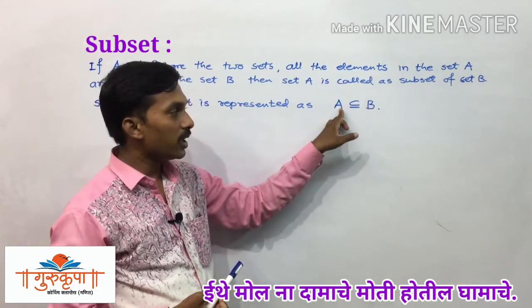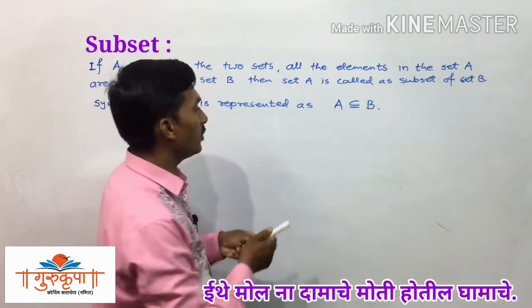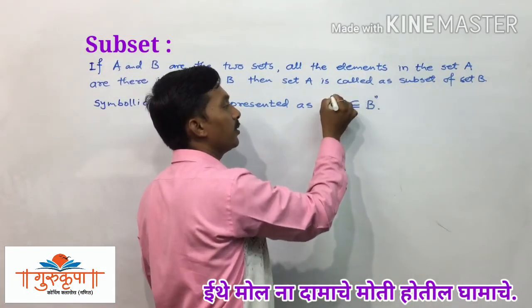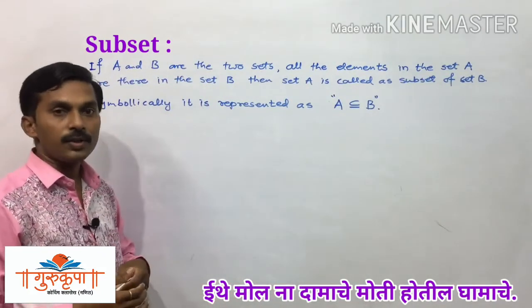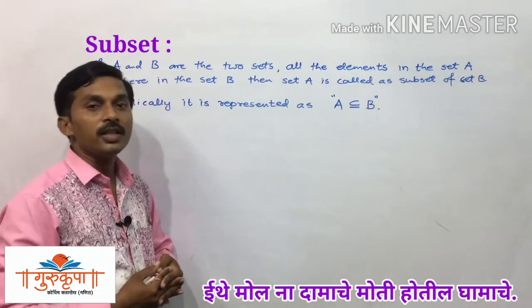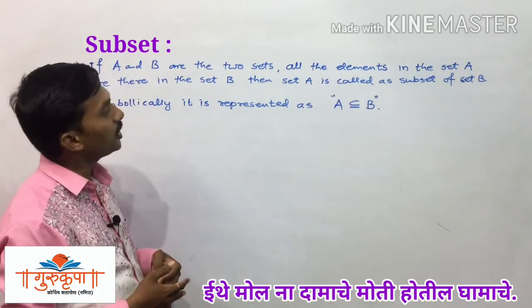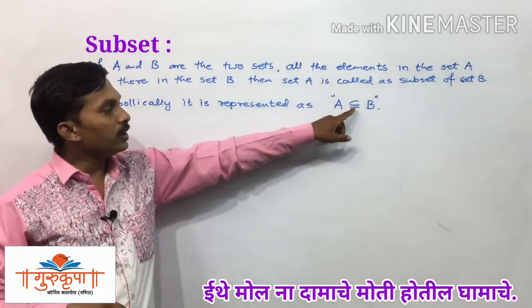A is called a subset of B, symbolically represented as A ⊂ B. It is too easy. If we have two sets, P and Q, and all the elements of the set P are there in the set Q, then P is called a subset of Q. Here we have a new symbol again.